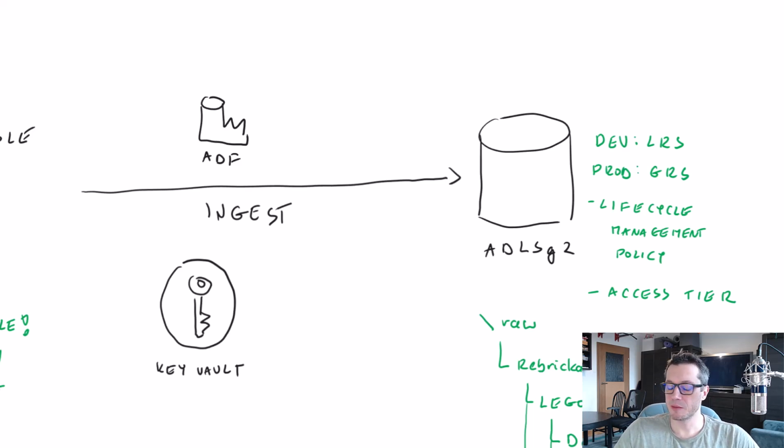Then, whenever possible, please use managed identities of Data Factory to connect to various objects. If it is supported, it should be, but please double check this.